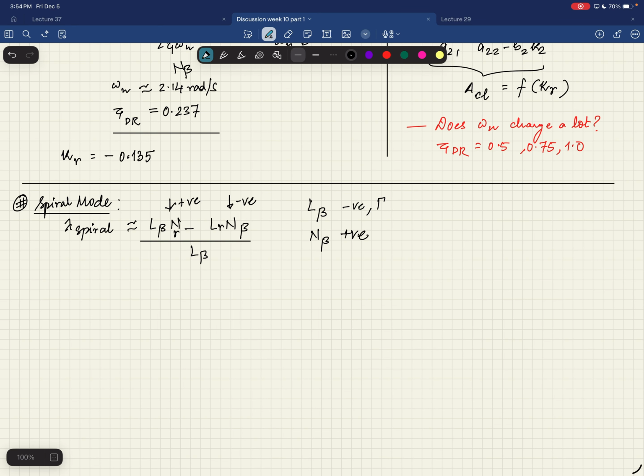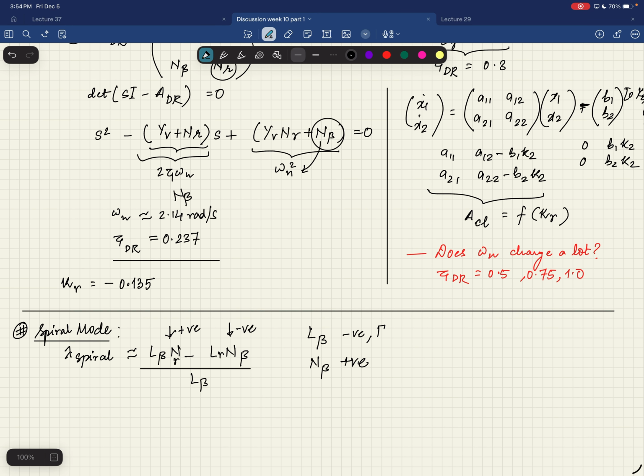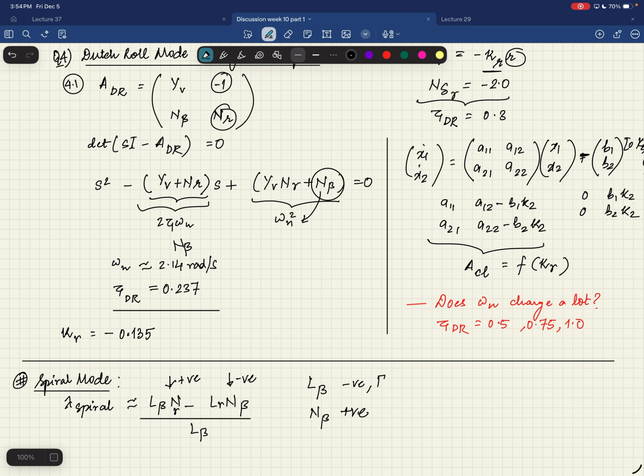Now see, after we added the Dutch roll state feedback, N R will become negative. You see, N R is appearing in the Dutch roll mode too. When you design a stability augmentation system for the Dutch roll mode, what did we find out?